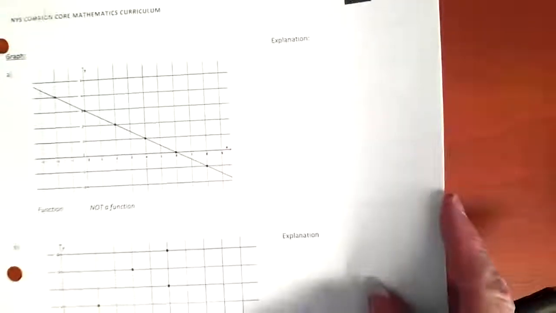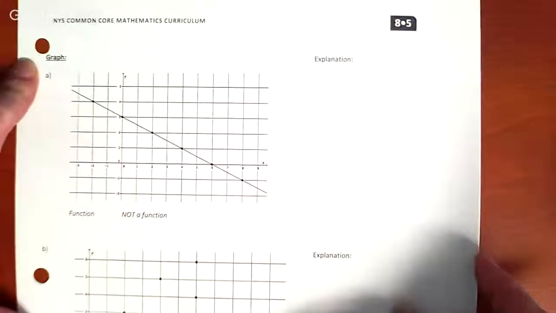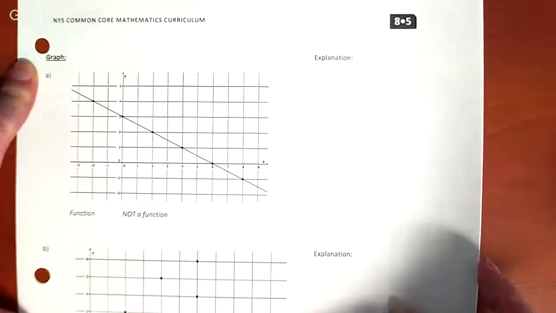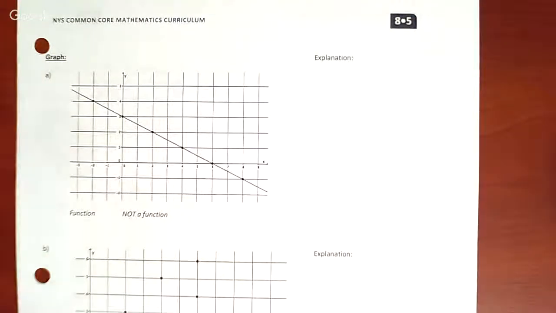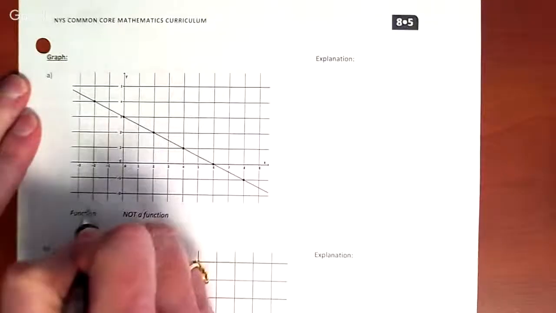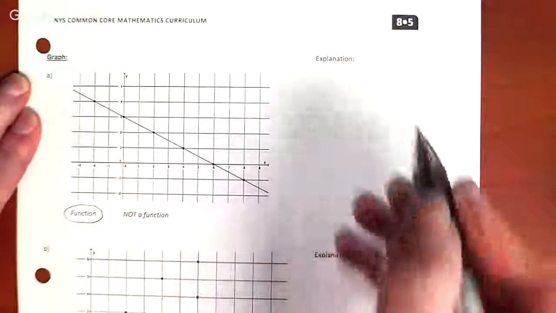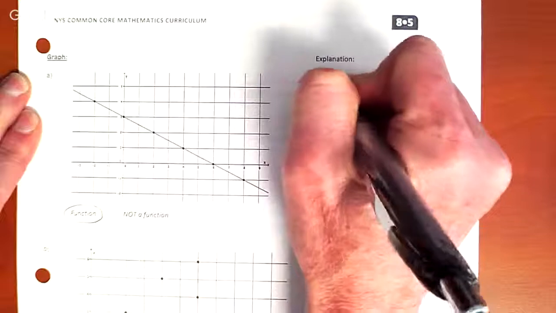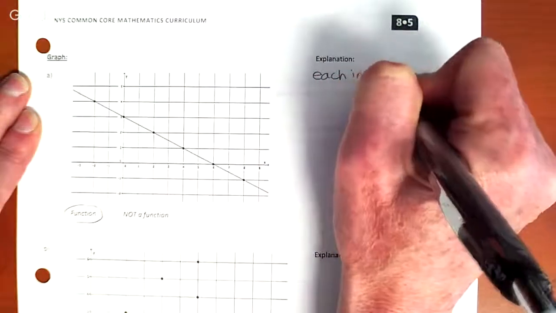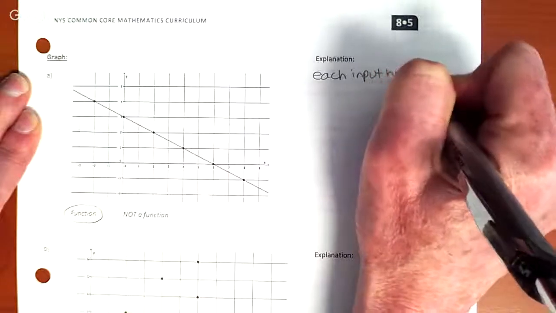Next, looking at a graph, this is a function. Again, each input has one output.